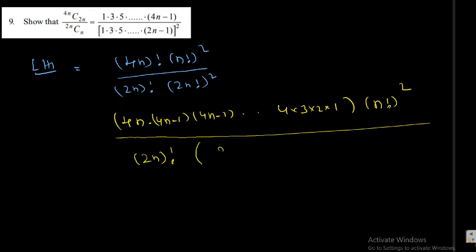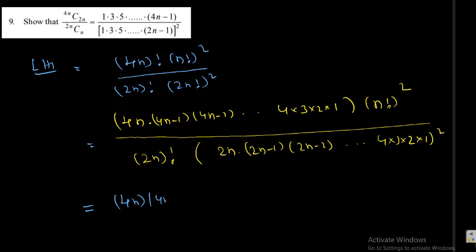Now this can be written as 2n into (2n minus 1) into (2n minus 2) and so on, 4 into 3 into 2 into 1, square. Students, what I am doing here: 4n into (4n minus 2) into (4n minus 4) and so on, 4 into 2. I am grouping terms.